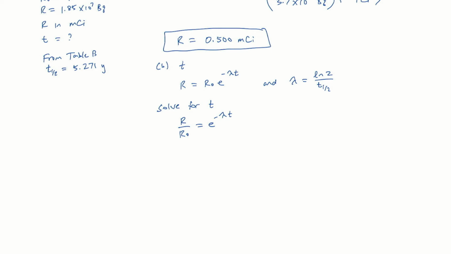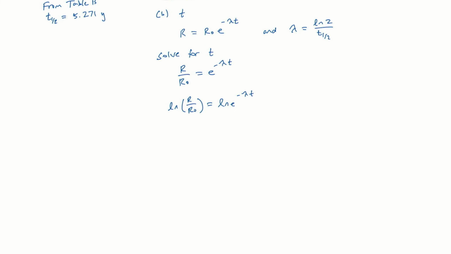Now we take the natural log of both sides because we're dealing with base e. So we want the ln of R over R naught. That's the ln of e to the minus lambda t. And now the ln of e to a power is just what the power is.